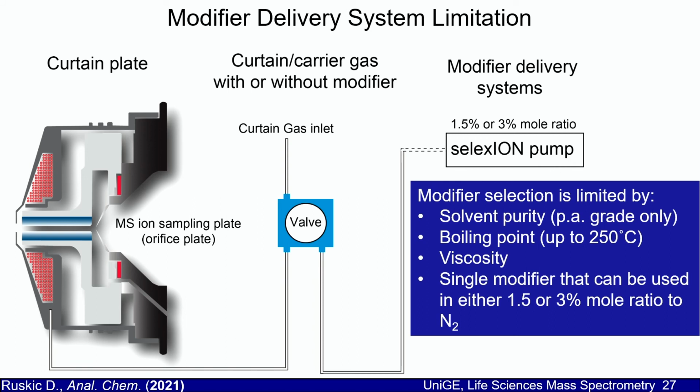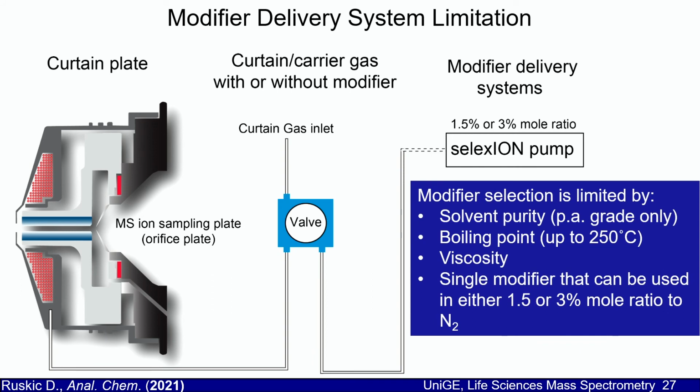Because constantly flowing the solvent here, no matter what purity it is, will pre-concentrate the contamination, which will end up in your spectrum, lift the baseline, and then kill your signal. That's the other issue. Boiling point, viscosity, because a peristaltic pump cannot accurately enough deliver low viscosity solvents.